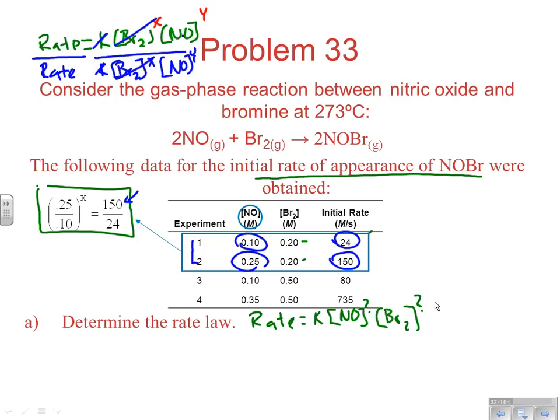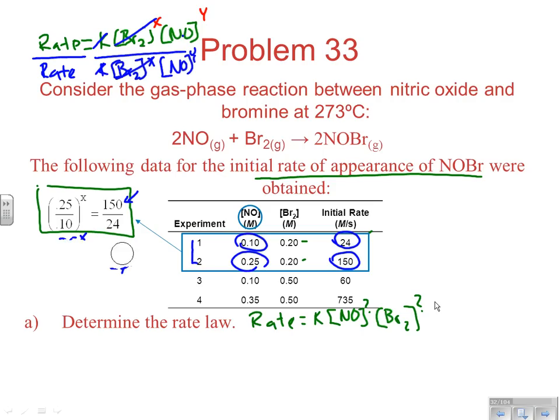So I plug those in here. So what I really have after I cancel the other stuff is 0.25 to the x power over 0.1 to the x power is going to equal our 150 over our 24. Well, 0.25 to the x over 0.10 to the x is 0.25 over 1.0 to the x power. So that's really where I got that from.